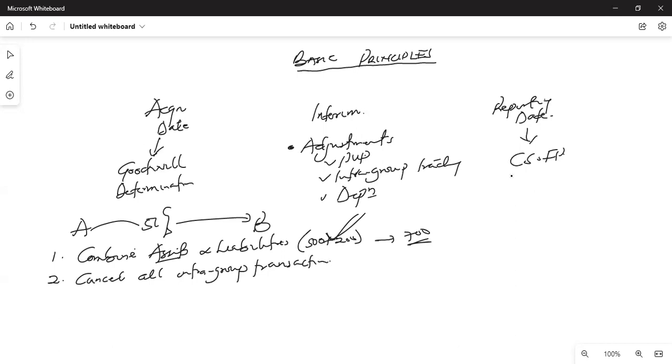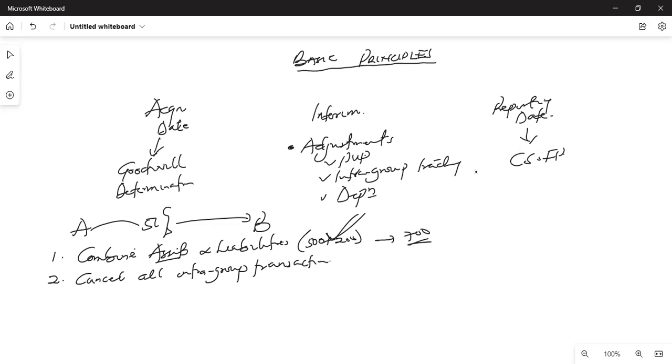If A sells to B on credit, then A will have a receivable and B will have a payable, and you cannot sell to yourself. How can you do that? So it has to cancel off. When you are coming together, the payable and the receivable negate themselves out. That is the key thing. So you cancel off all these balances.